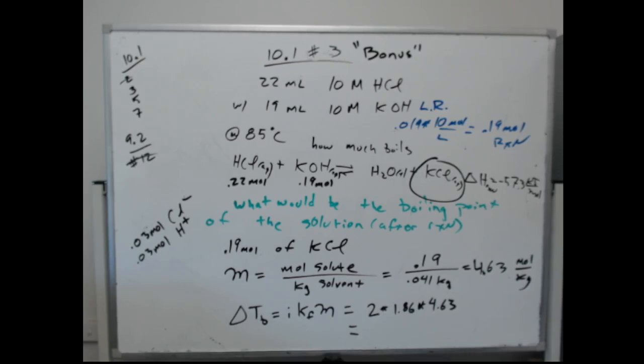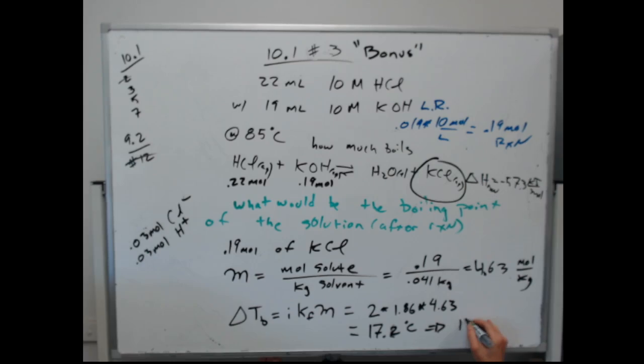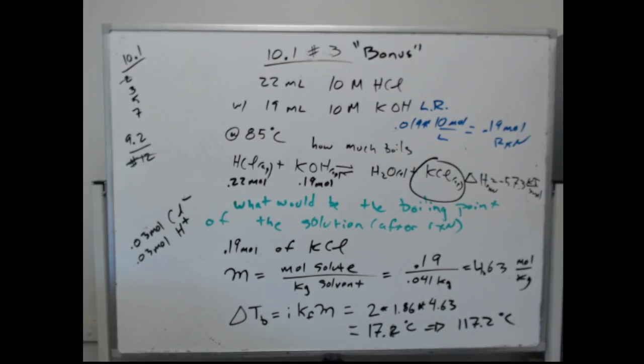So I've got this 10 molar solution, 2 times 1.86 times 4.63. Sorry, 17.2. With that much salt in the solution, it's not going to boil until we hit 117 degrees Celsius. It doesn't boil at 100 degrees Celsius.